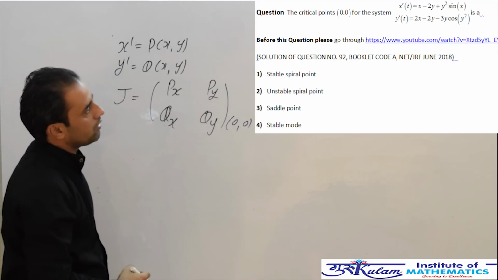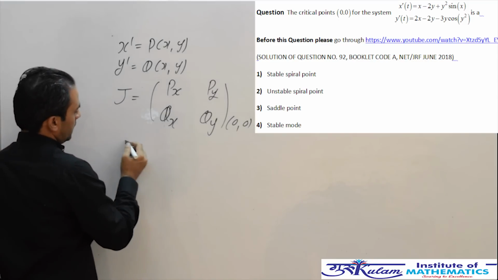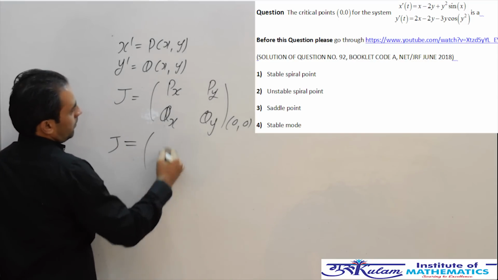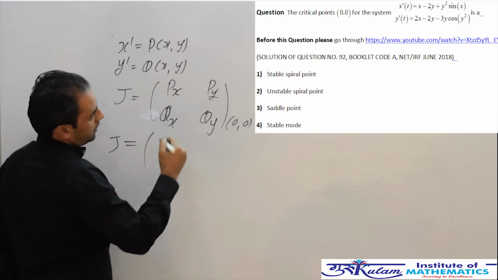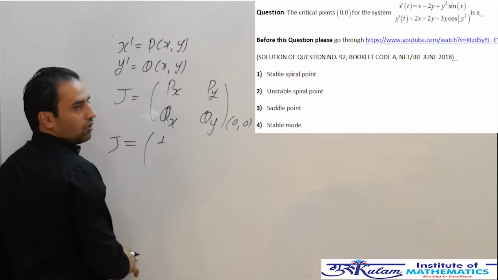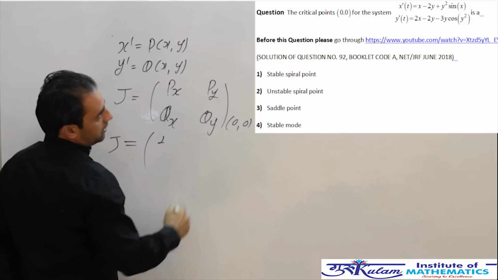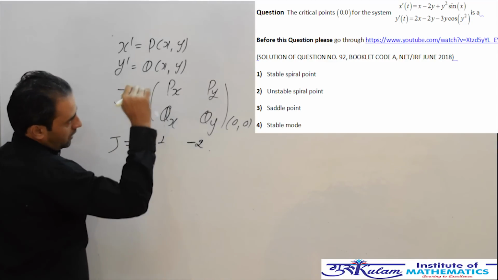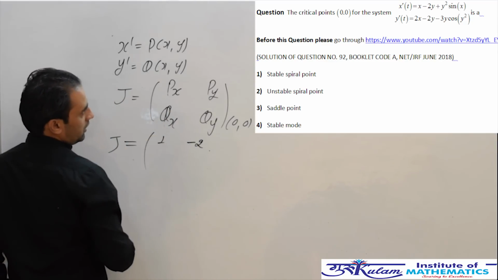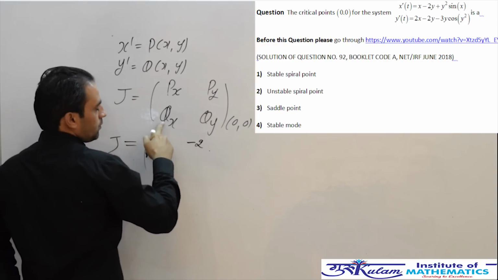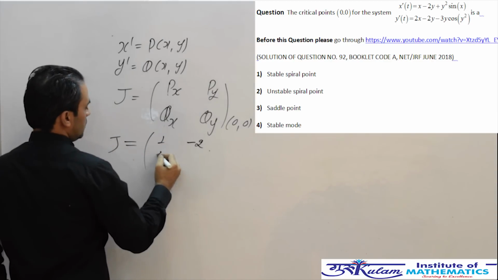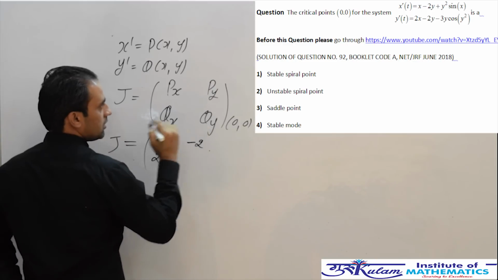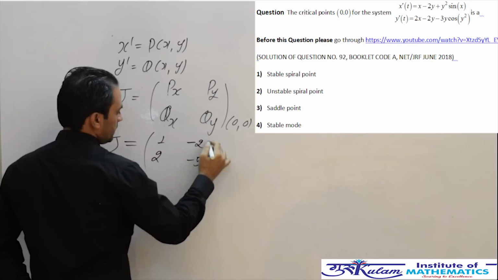Now for the given system of equations, this matrix J has partial derivative of P with respect to x equal to 1 at (0, 0), the partial derivative with respect to y at (0, 0) is -2, the partial derivative of Q with respect to x at (0, 0) is 2, and similarly this last quantity is -5.